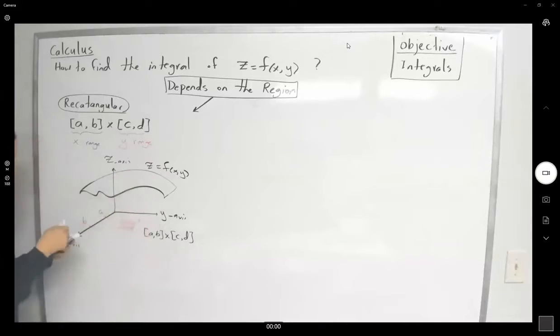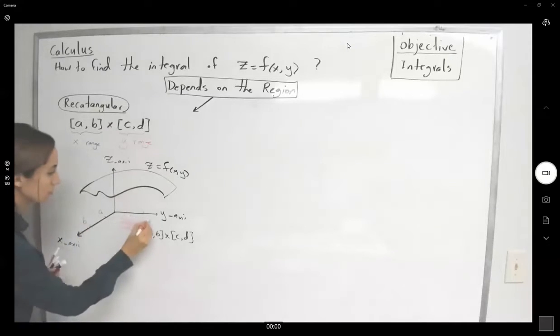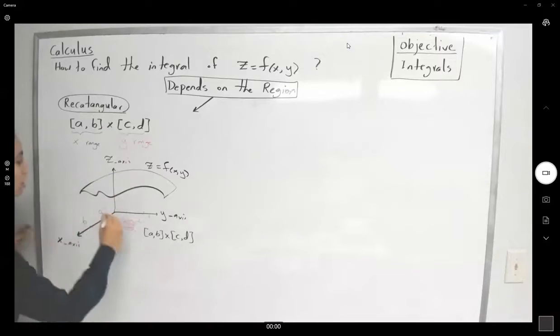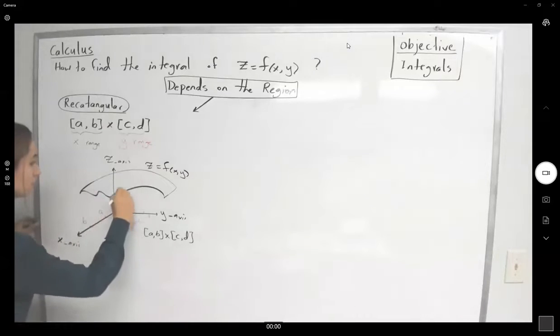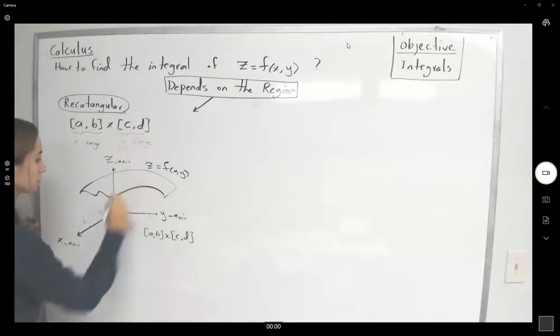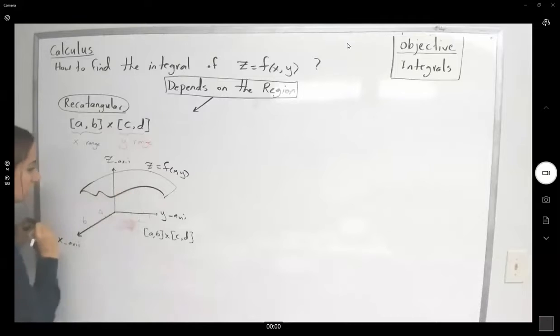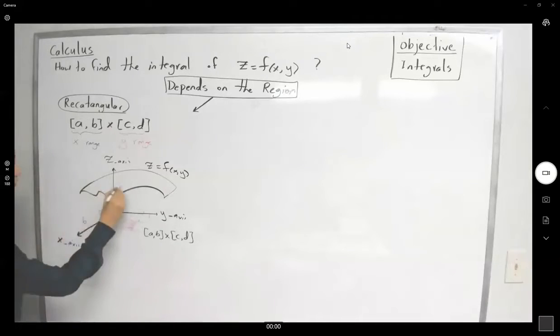So this is c and d. We are trying to find the volume between this function and this region down here.